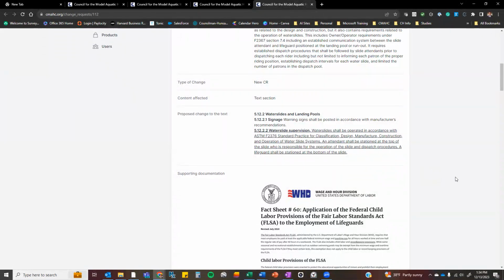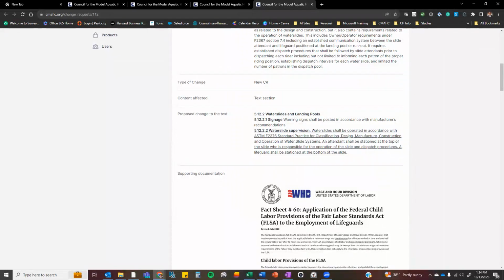The other thing is the way it's written currently, there's a little bit of a contradiction in the language, where it potentially could place the manufacturer's guidelines in opposition to what this language, if it's accepted, would say, because it kind of says both.